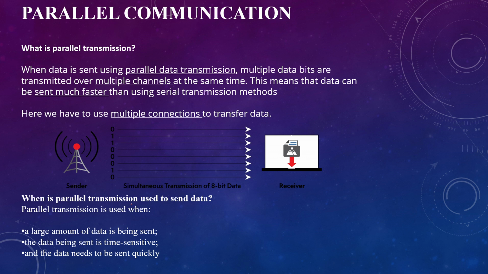When is parallel transmission used to send data? Parallel transmission is used when a large amount of data is being sent. When we are sending a large amount of data at a time, it is useful to send it using parallel communication.